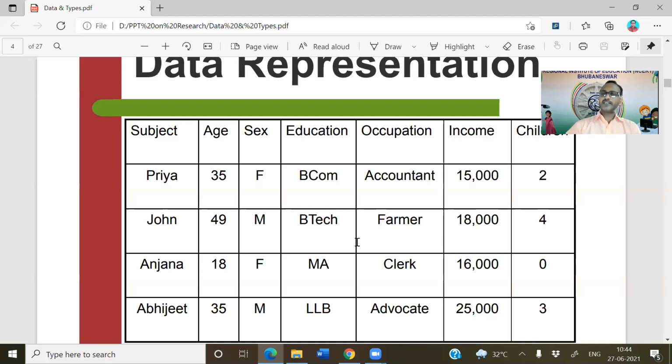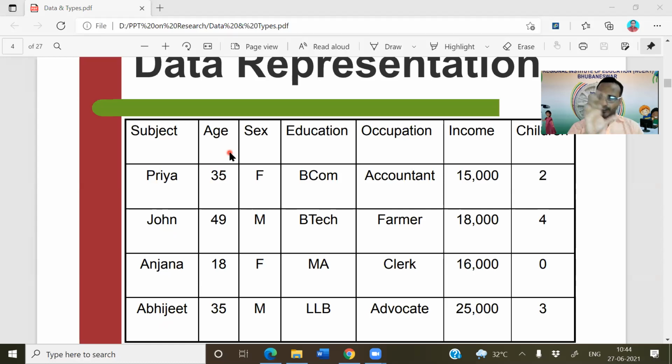So every record has variables in columns and cases in rows. So here if you see, these are columns, and these are cases.